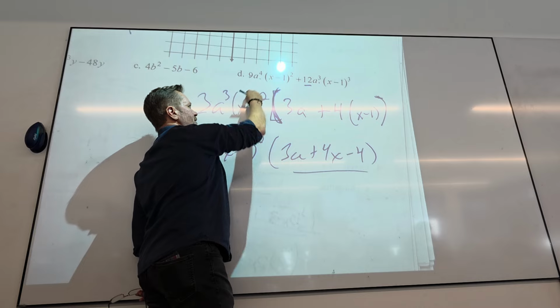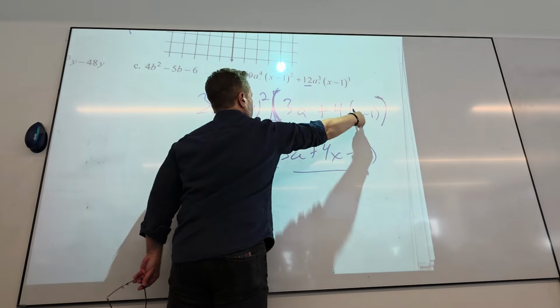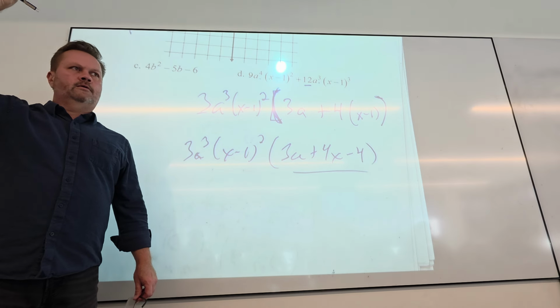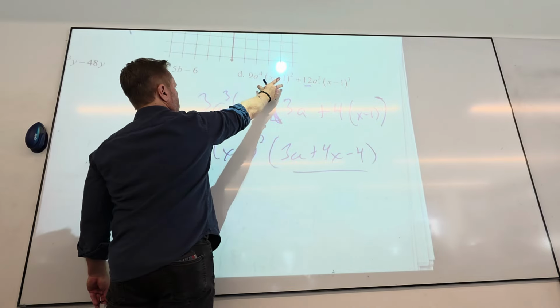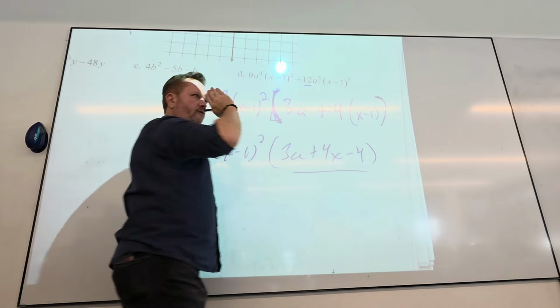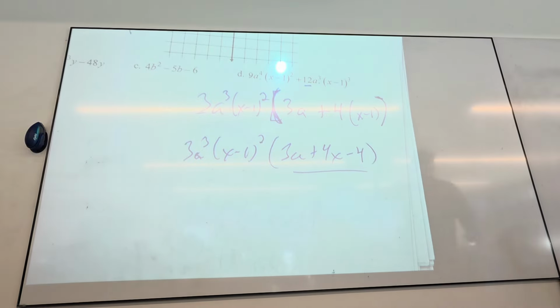So what's left from this first term is there, plus what's left from this term is there. That's why I try to take my GCF and put it a little over, so this could be below and this could be below. Visually, it just makes it so you don't miss things. It's a better way to write it.